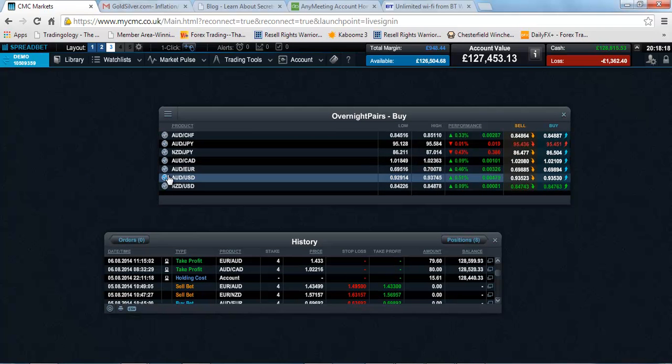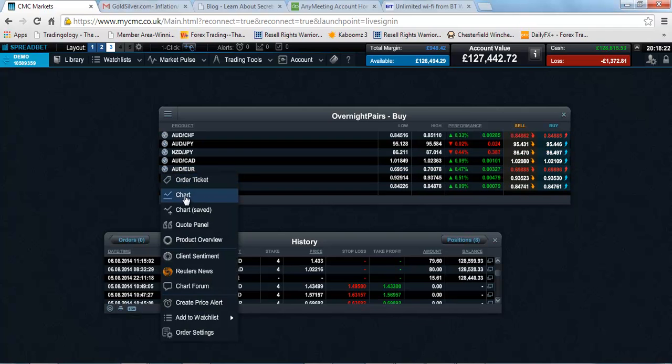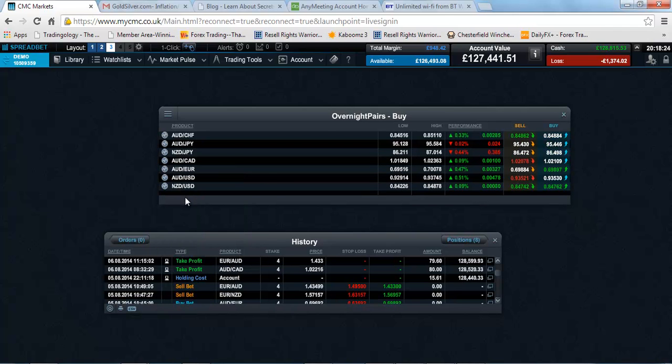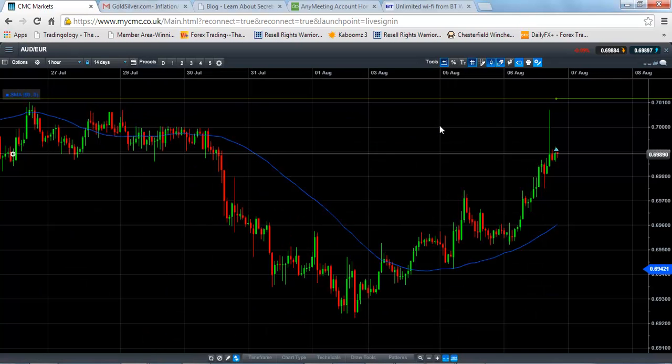Let's try Australian dollar euro. We click the chart. Wow, this is also a good currency pair to go in. So if you are sitting there right now and you are thinking to yourself, which currency pair should I go in?